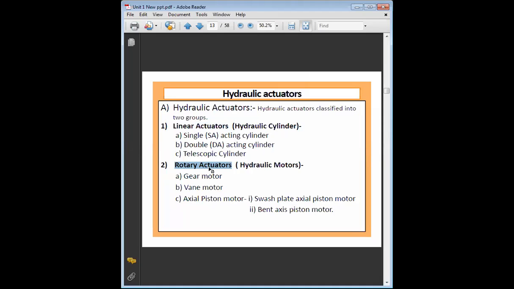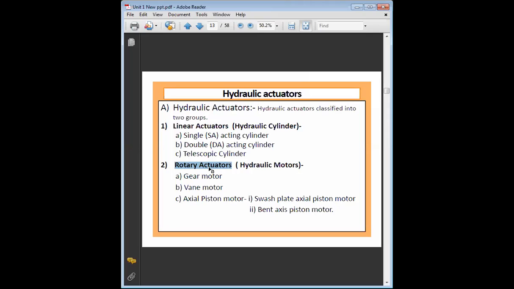Once again I am repeating, depending upon the motion the actuator transmits, actuators are classified into two subgroups: one is the linear actuator and the second is the rotary actuator.